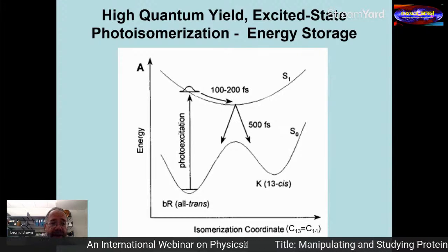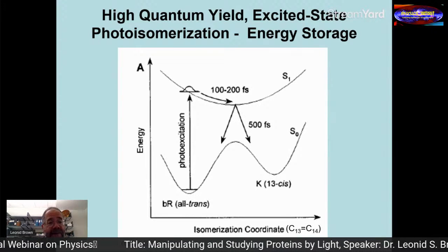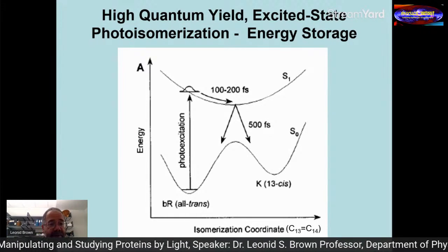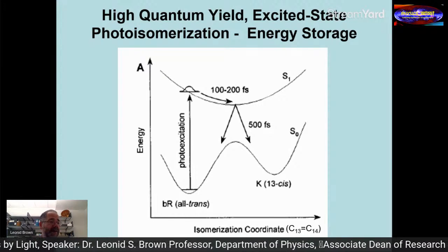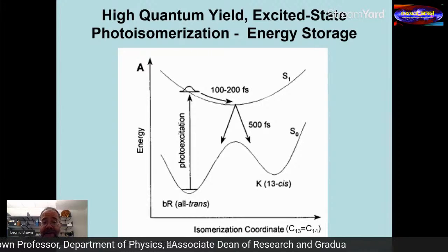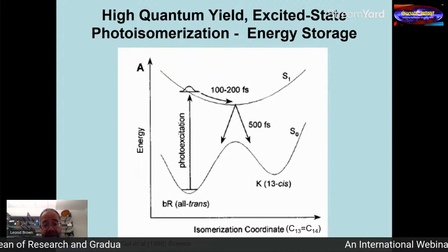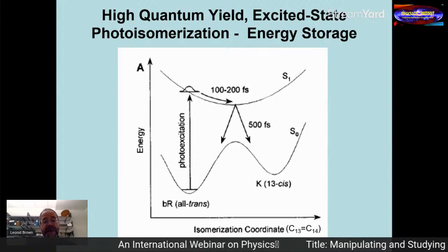Indeed, here is the diagram of the ground state of retinal in bacterial rhodopsin and the excited state. In the ground state, the barrier for rotation is extremely high, so we cannot isomerize. But in the excited state, after we absorb light, the situation is completely different. The energy surface is different, and we can rotate and isomerize the retinal.